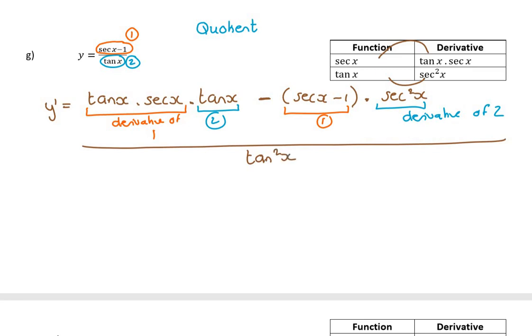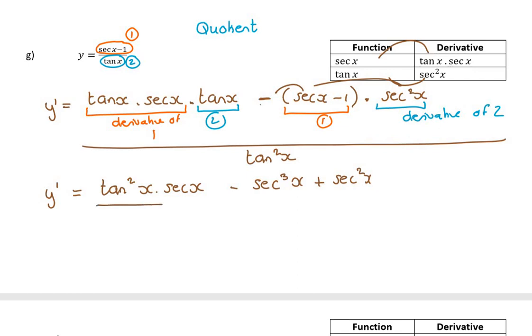Now again, not particularly easy to simplify here. So let's just maybe write it a bit neater. So this is tan squared x times sec x. I could multiply it out, so I could say minus sec cubed x plus sec squared x, because that's a minus sec x times that, and then a minus times a minus is a plus, all over tan squared x.